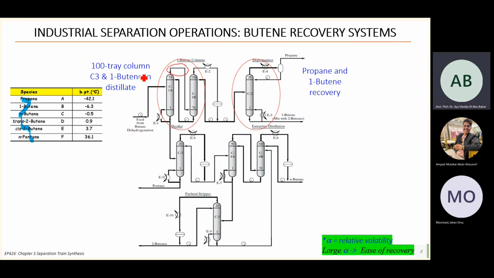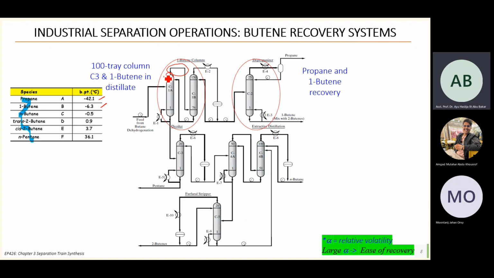In distillate, C3 and 1-butene. Why do you think C3 and 1-butene go to the distillate? Lowest boiling point. Okay, propane, C3, and 1-butene. So the lowest boiling point will go up here.